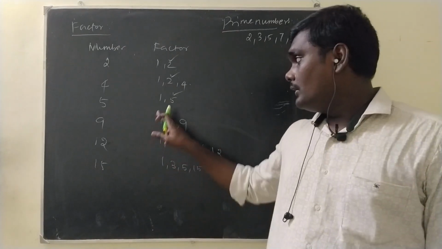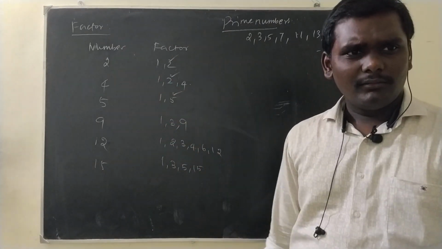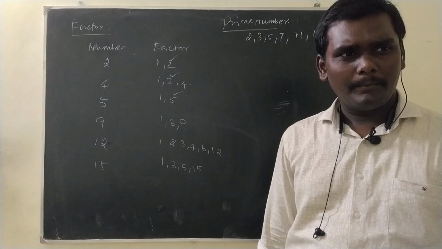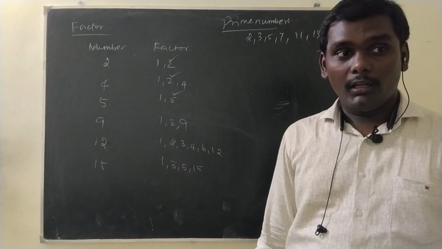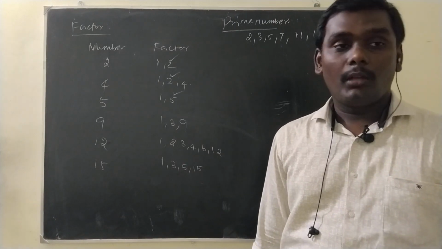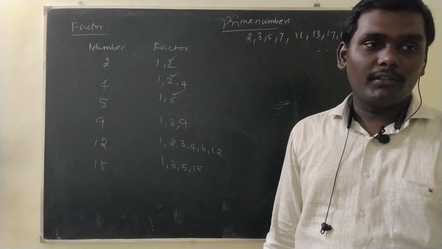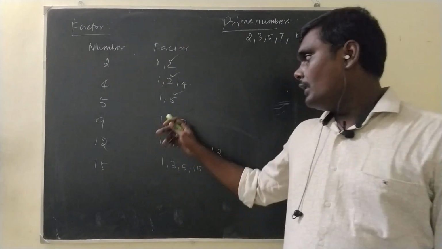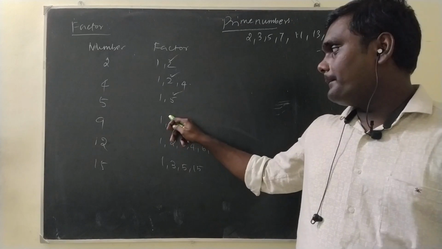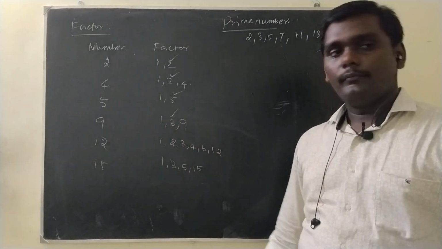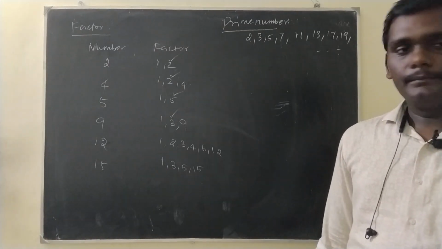But one is prime, one is also prime, right? No, one is neither prime nor composite. So in the list of prime numbers we should not include one. Then the prime factor for 9 is 3.